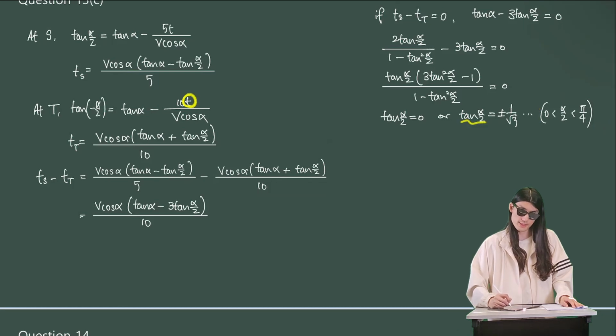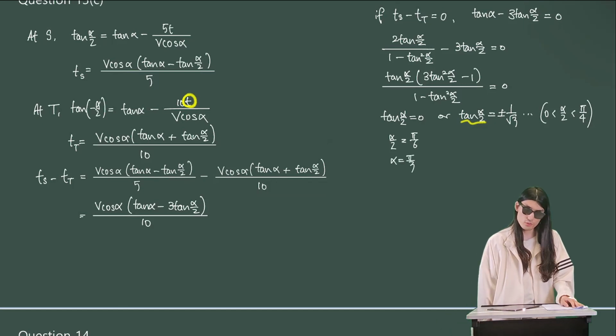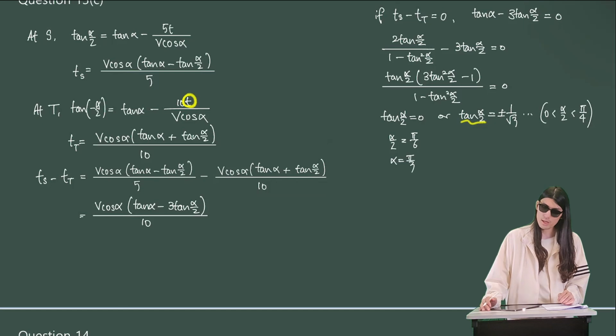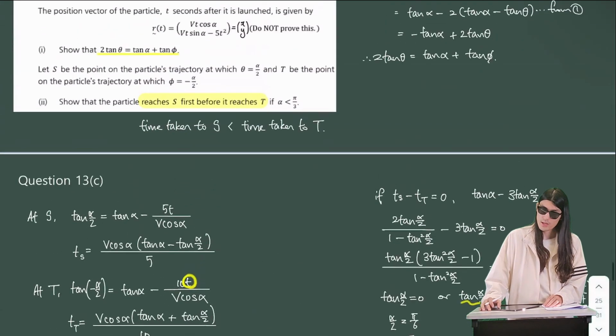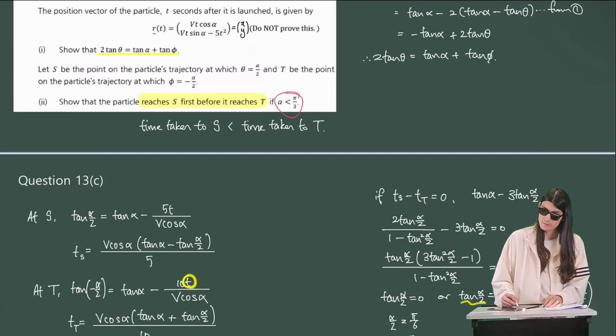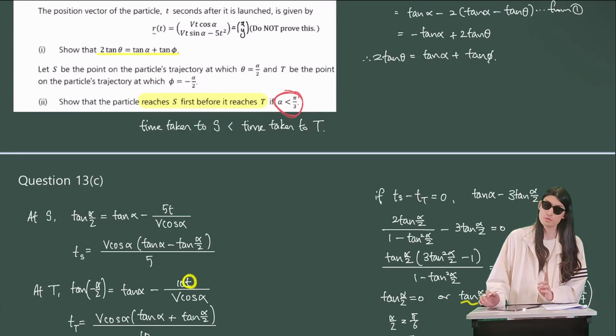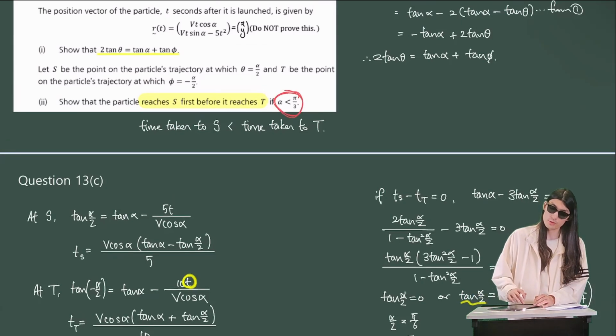And that solution is at alpha equal to pi on 3, right? And you can see that you are getting closer to what you need, because what have you just shown?